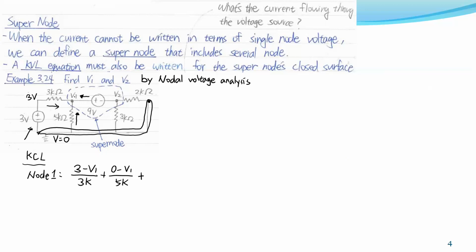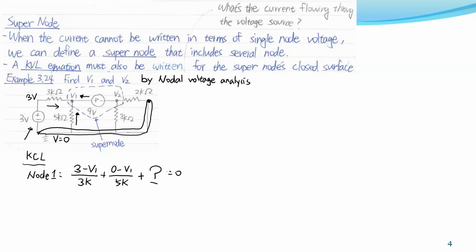But do you know how to define the current flowing from the voltage source? No, we don't. So it becomes a problem. Let me put a question mark. We don't know the current flowing out from the voltage source.